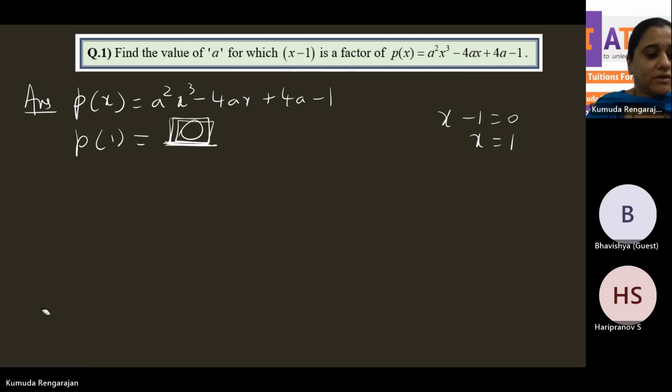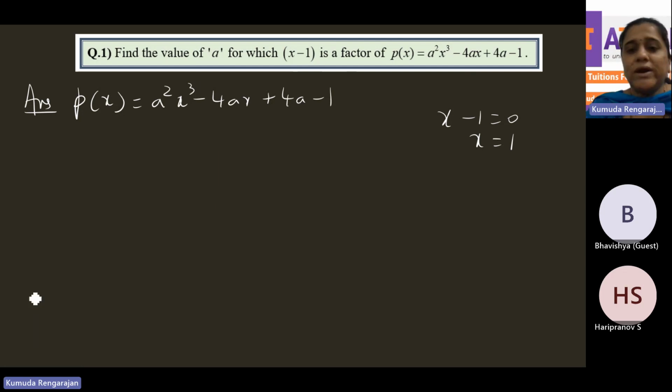So write the dividend P of x, equate the divisor to 0 and get the value of x. x is equal to 1. Now we don't have to find P of 1. We want the remainder to be 0, so P of 1 is equal to 0.